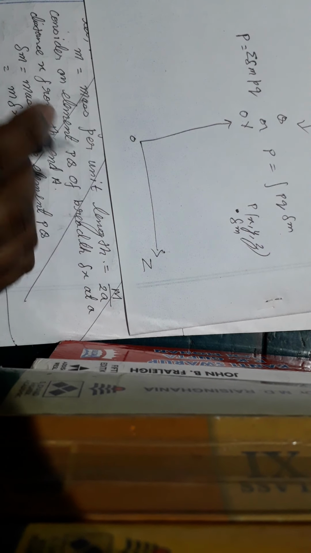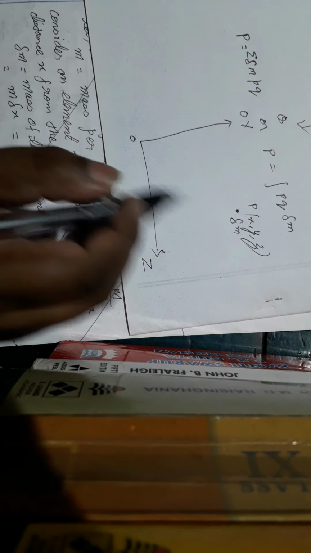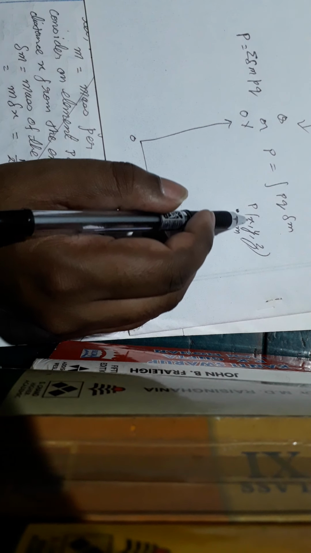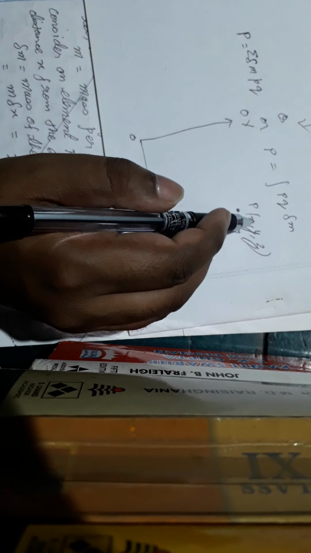From this coordinate, we can easily say that x is nothing but the distance of the point from the origin along the x-axis.